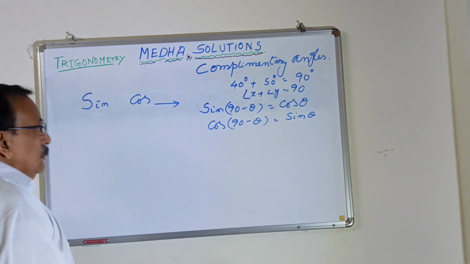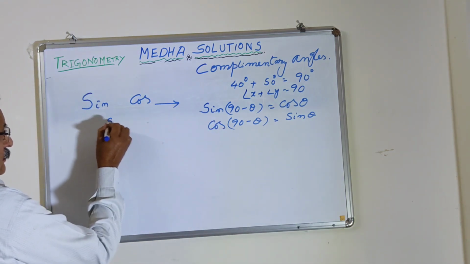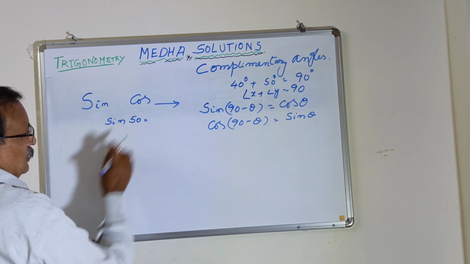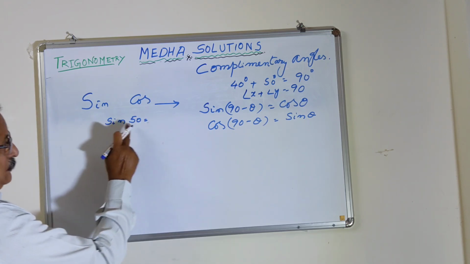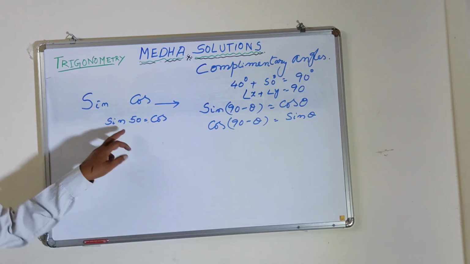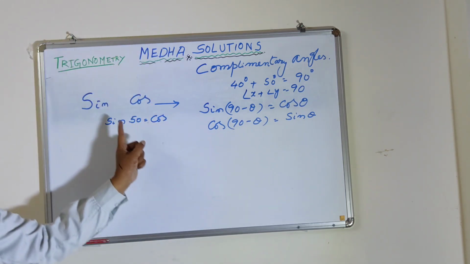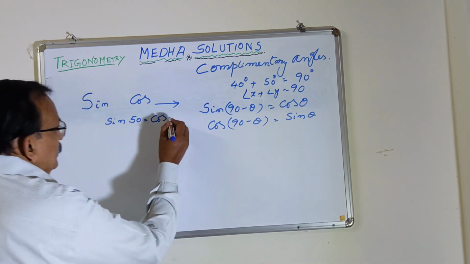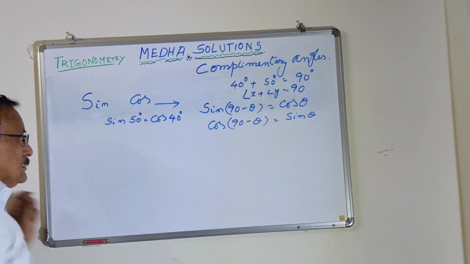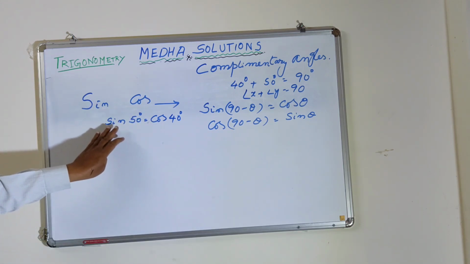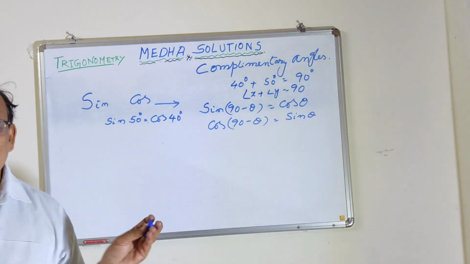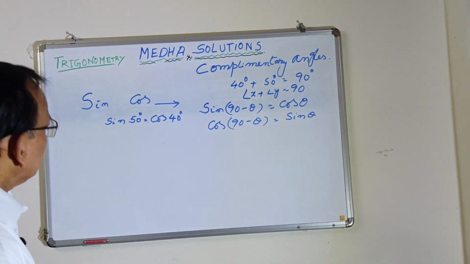For example, if sin 50 is there, we can convert it into a cos value: you can write cos and then take 90 minus 50, which is equal to 40 degrees. Like this we can convert one angle to another, sin 50 to cos 40, because those two are complementary angles.